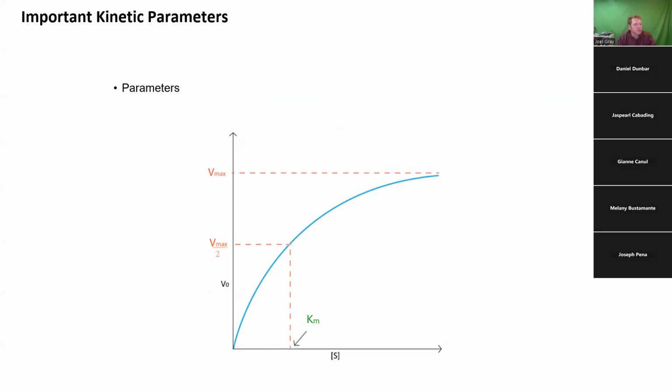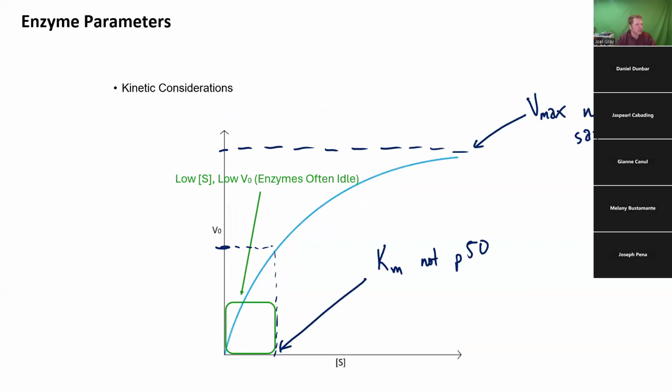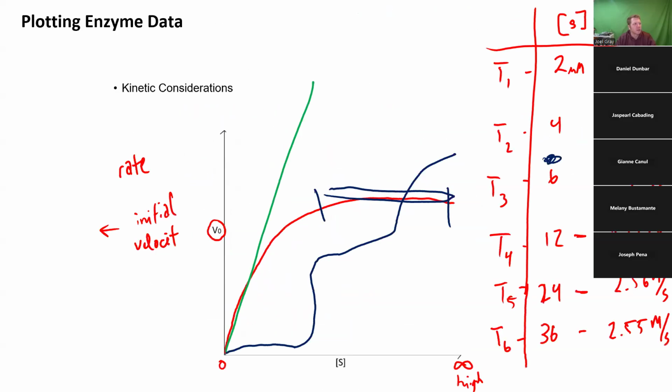Our Km is an x-axis value. So Km has units. Does anyone want to guess what those units are? And we could go back to this slide right here. Based on this slide right here, could you tell me what are the units for a Km?